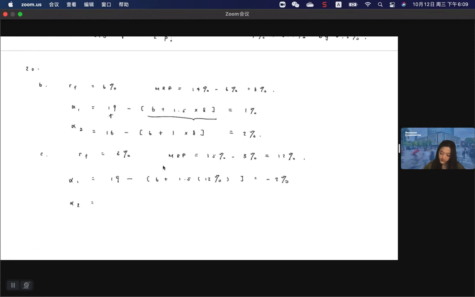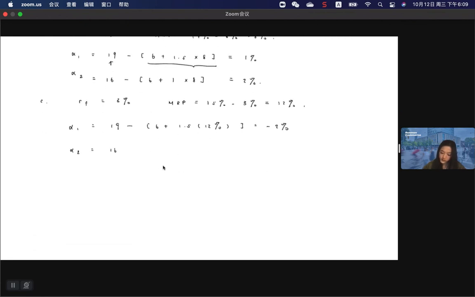And the alpha for investor B, investor 2, will be 16% minus the 3% plus 1 times 12%. This gives a 1%. So still investor number 2 is a better selector of individual securities, and investor A is actually being pretty bad because it has a negative alpha. So it's not good.